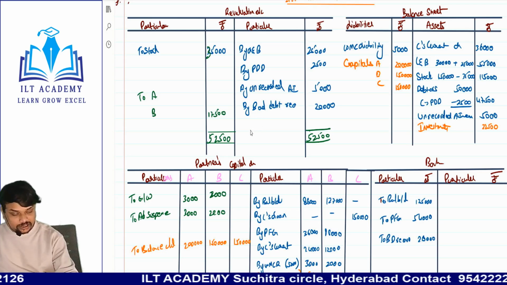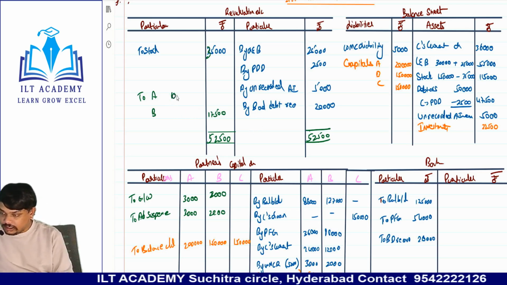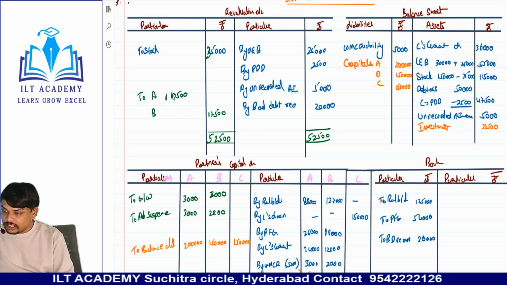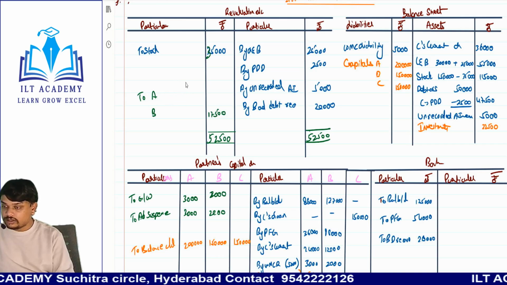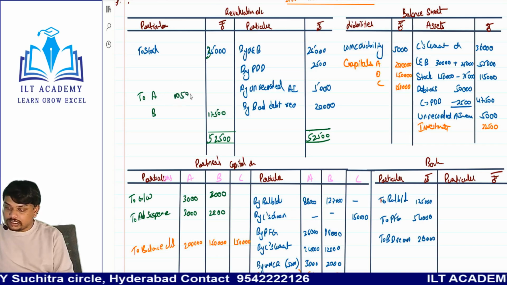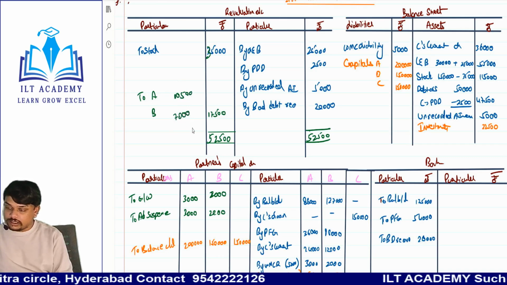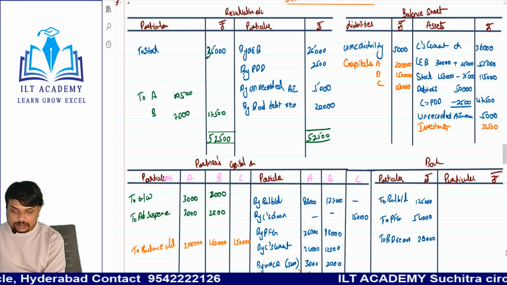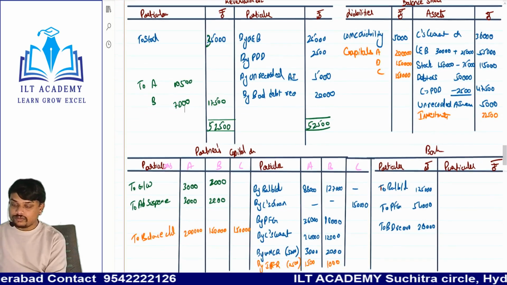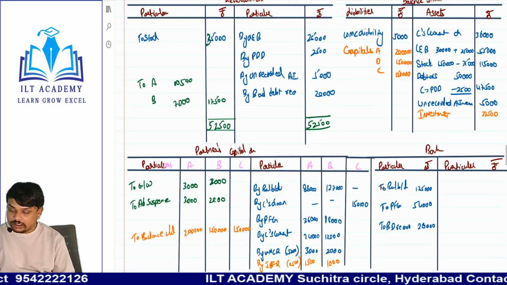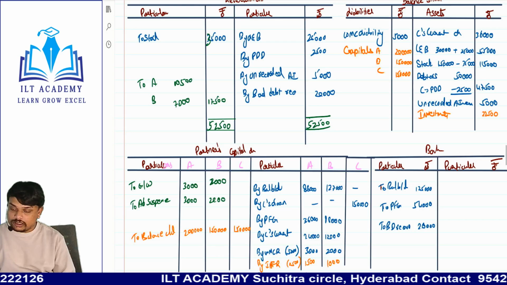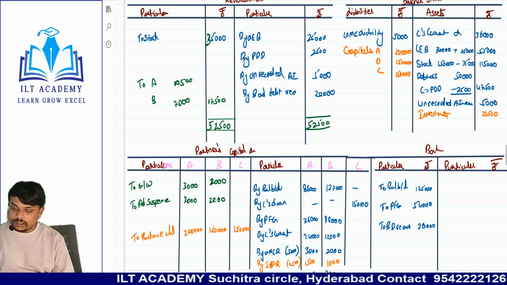What is the 3:2 ratio of 17,500? 10,500 and 7,000. Go over here by revaluation, 10,500 and 7,000.